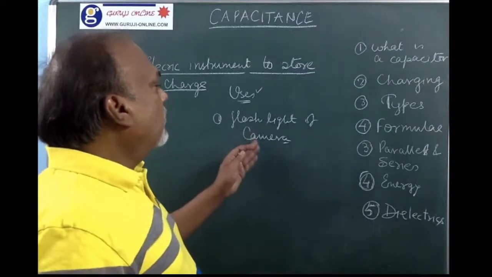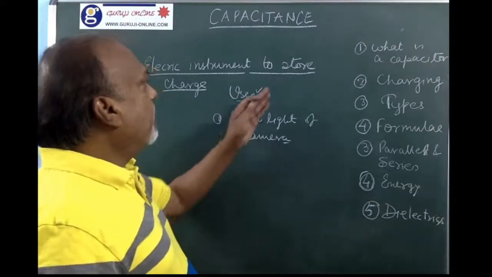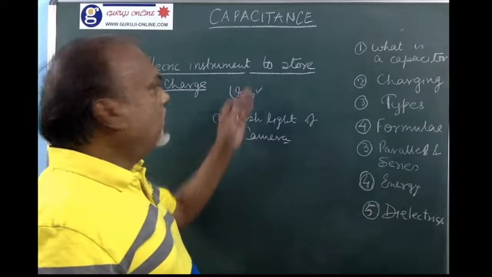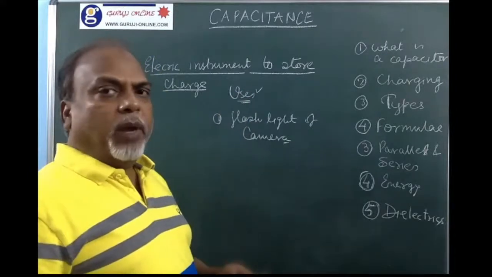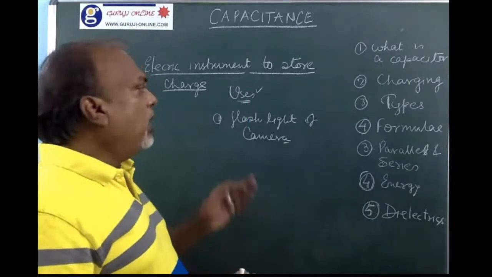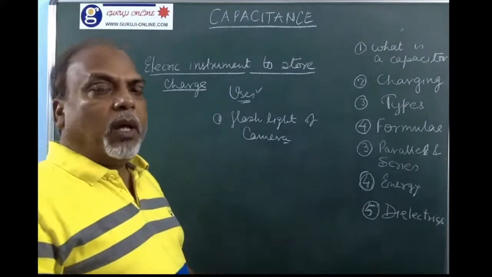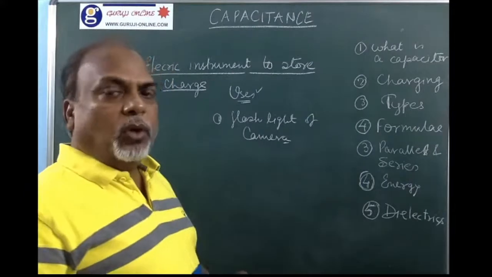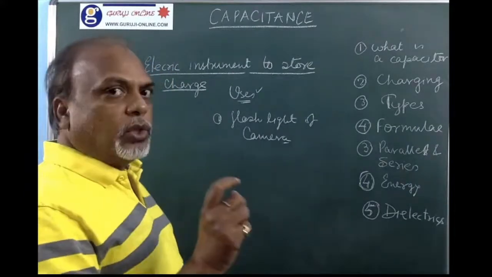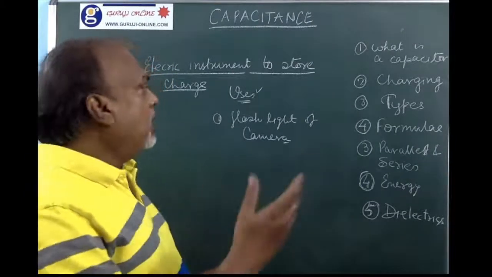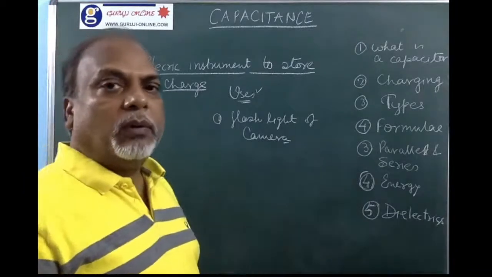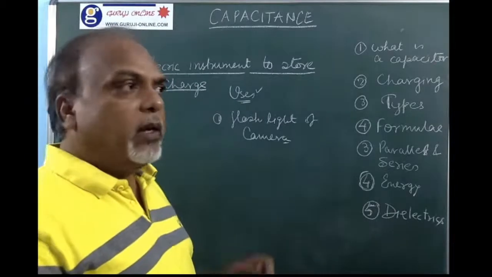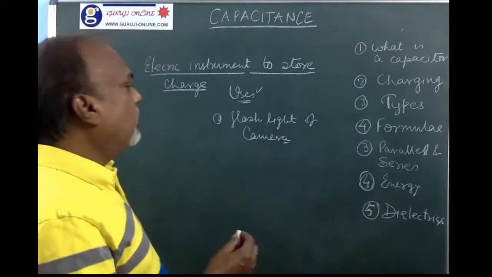How is it? Because of the storing of charge. This flashlight works on this principle only, because whatever battery is there in the camera cannot illuminate that kind of high lumen light. So we use the capacitor there, which stores the charge. Once you click the camera, a large amount of current flows, and this is how your flashlight bulb is on.